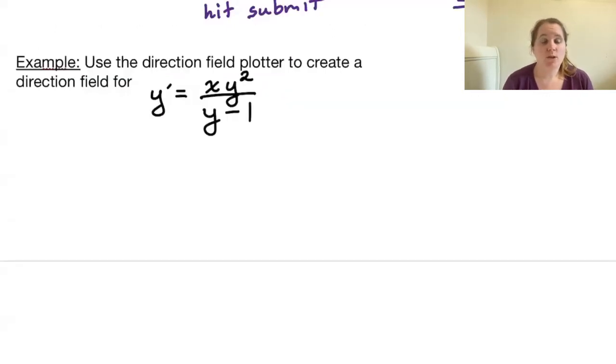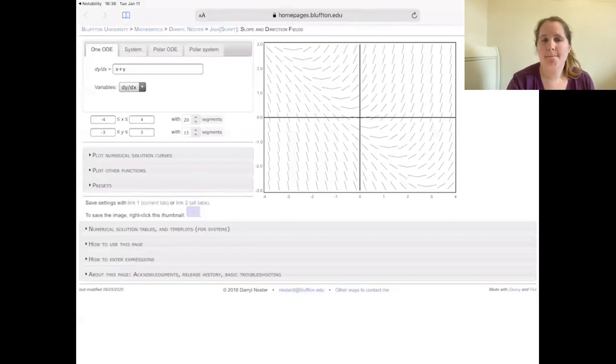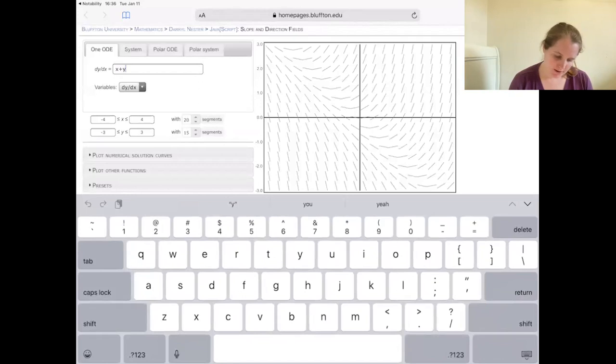There we go. So for our next example, we're going to use the direction field plotter to create the direction field for y prime equals xy squared over y minus 1. So if we go back to our direction field plotter, we are working with xy squared.